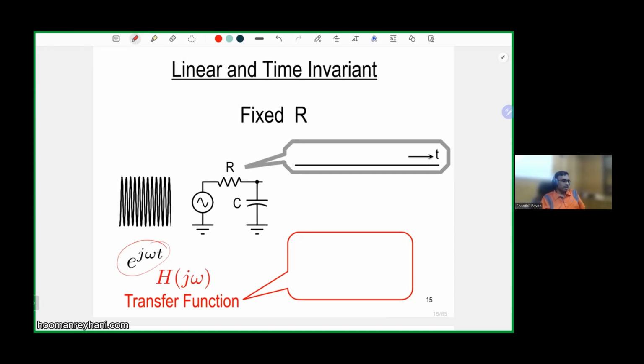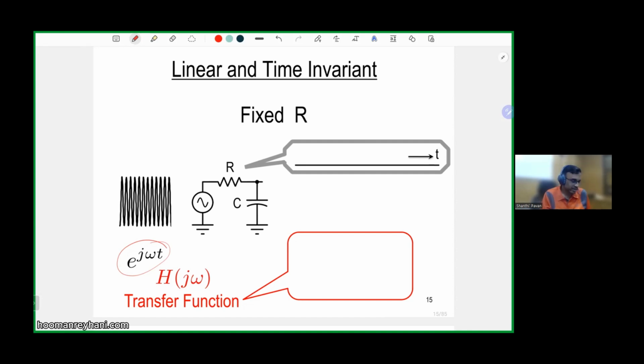So basically, if there was an RC low pass filter, and you put in a complex exponential, of course the output, the strength of the output depends on RC and omega. But what comment can you make about the shape of the output itself?